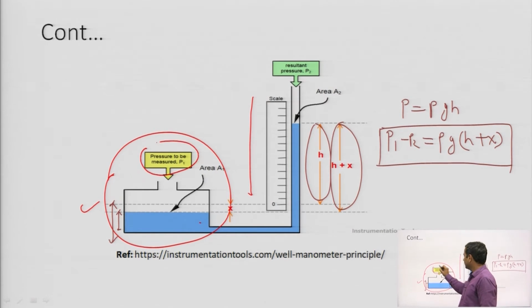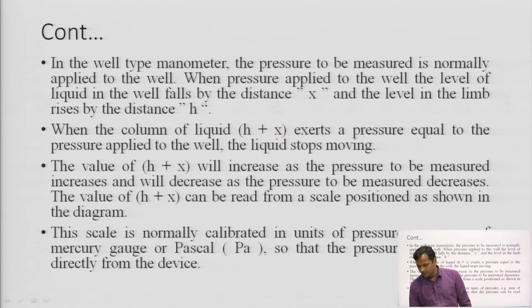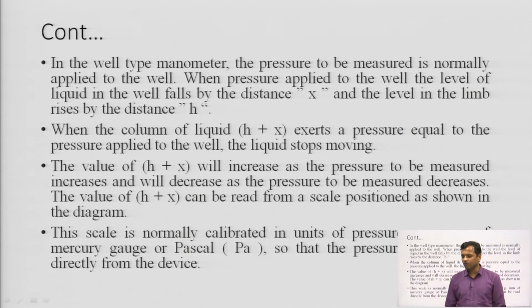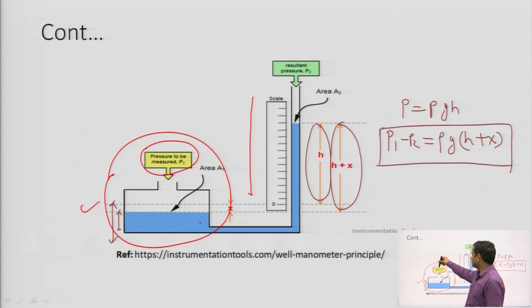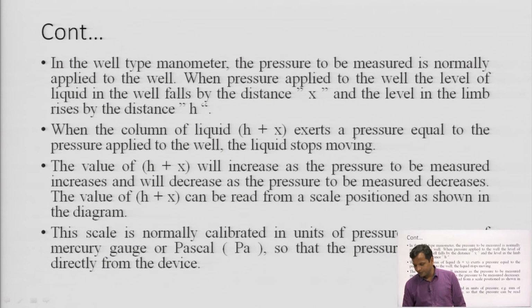When the pressure is applied to the well, the level of liquid in the well falls by the distance x and the level in the limb rises by the distance h. When I apply the pressure over here, there will be a rise in this column because of the applied pressure. Now the present height is h, but after applying the pressure the height will become h plus x, that I have already told you.